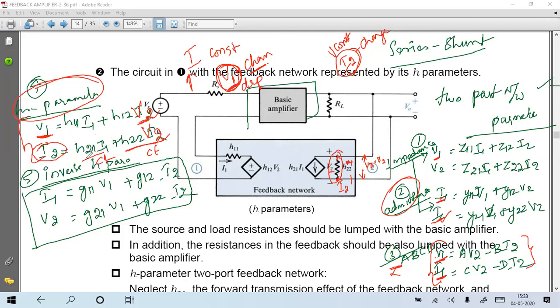That current I2 dash is given by H21 into I1. This should be in shunt with this current, correct? That is why, because this current is dependent on the input current, they mention it as a dependent current. It is the downward path. So H21 into I1. Now H22 into V2, with V2 present, will be one current that is parallel with H21 into I1.